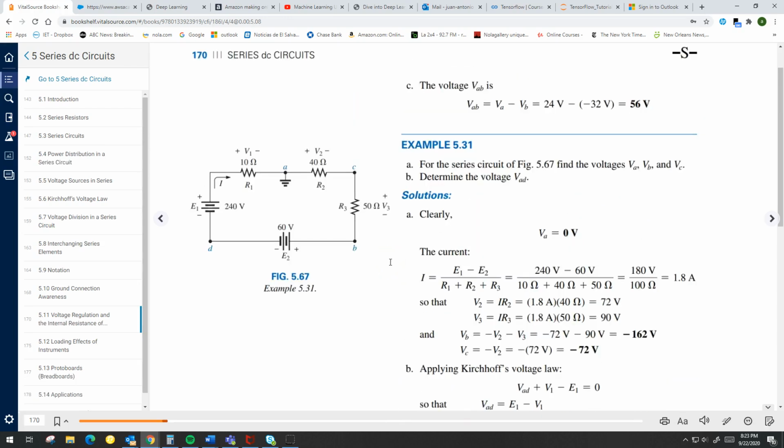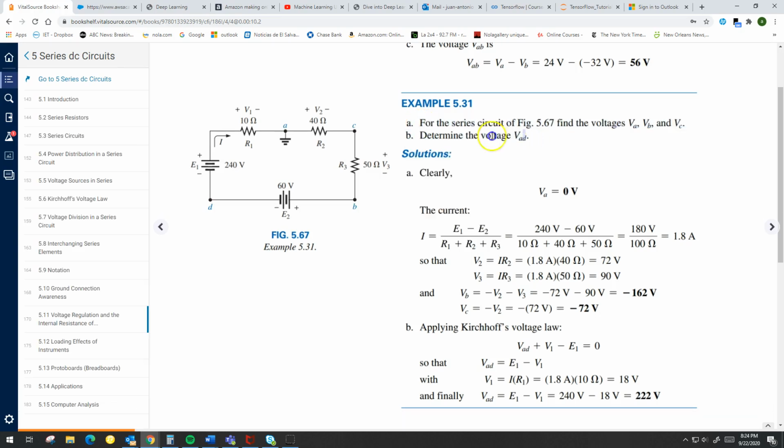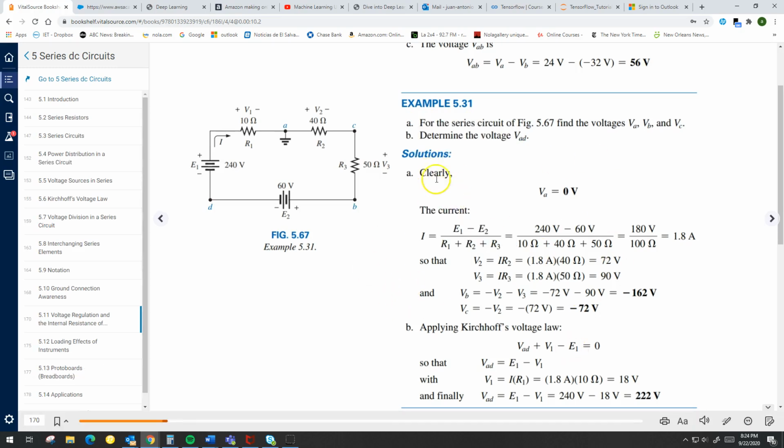The good thing about this is, as an example that I will urge you to practice, try to find these answers without looking at the solutions first. Just do it on your own. Copy this circuit somewhere on the page and try to find what they're looking for.